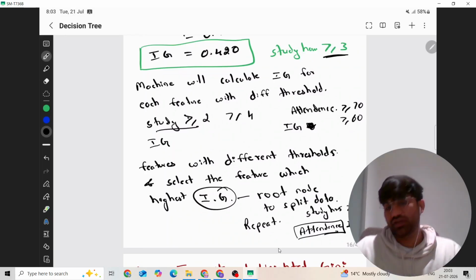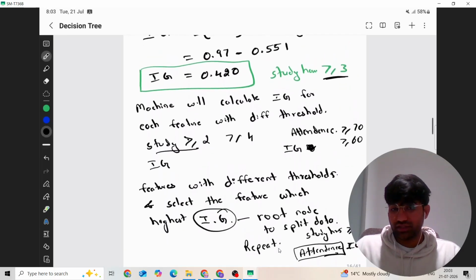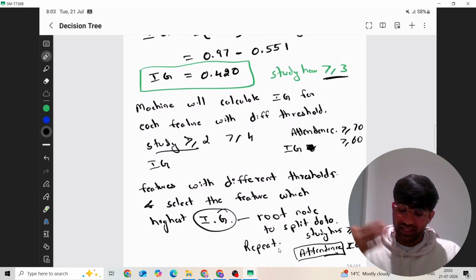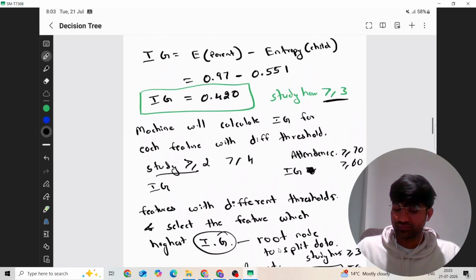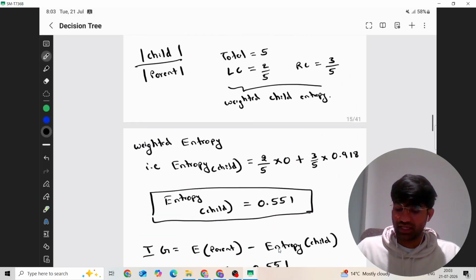So this is how information gain and entropy work to find the root node and start splitting the data. At each step, it will calculate the information gain and split the data continuously until it reaches the leaf node.